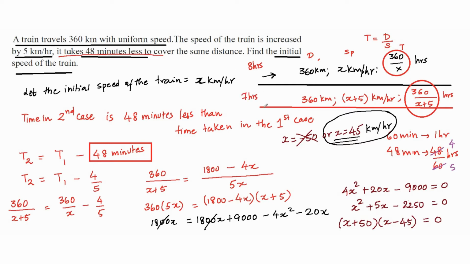So totally it will be 360 divided by 50, which is 7.2 hours, right? 7.2 hours, which is going to be 7 hours and 12 minutes. And you will notice that this is 48 minutes less than the usual time. So this is how you solve this particular question. I will pause for a couple of seconds before moving on.